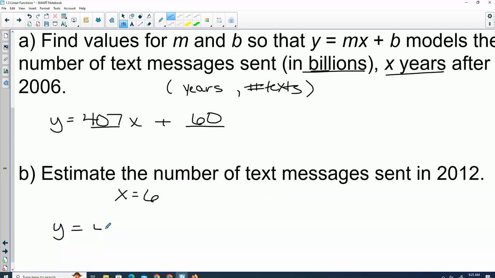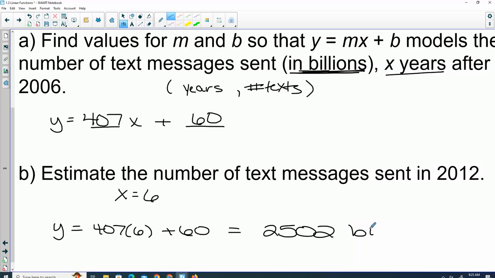So we just plug a 6 into our equation. And what do we get? And what's my label on that? Y is in billions.